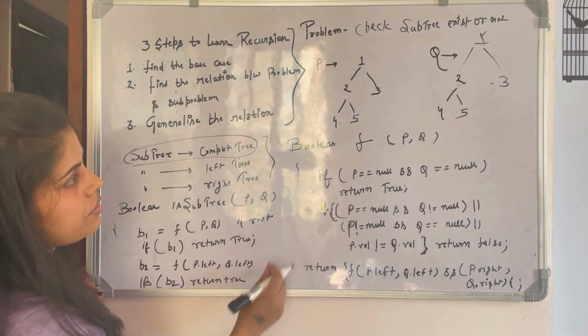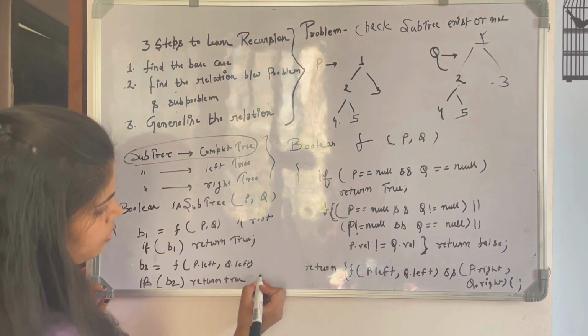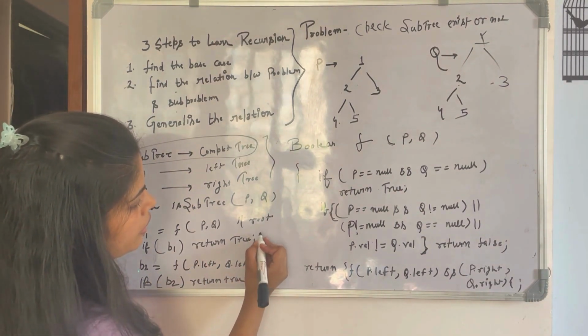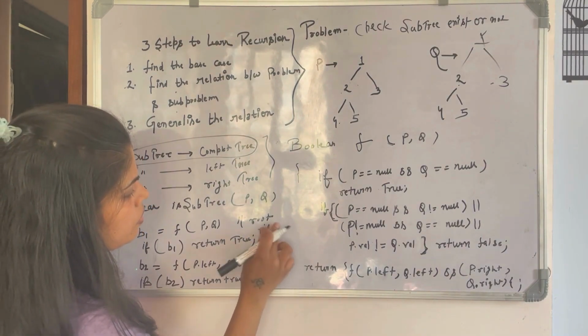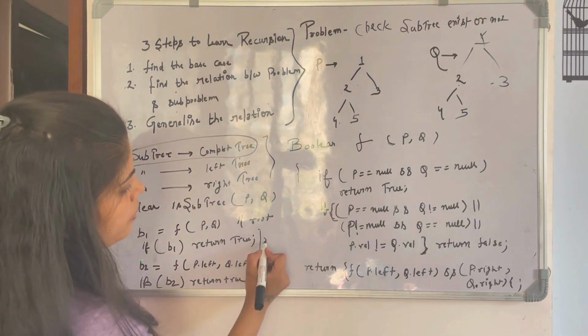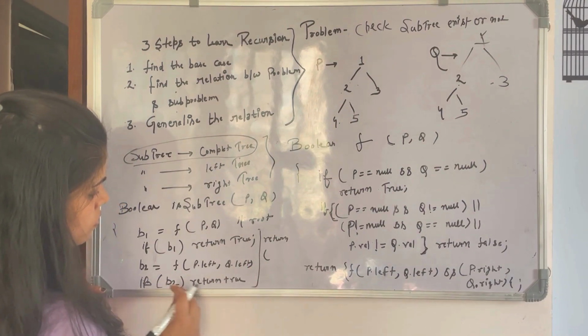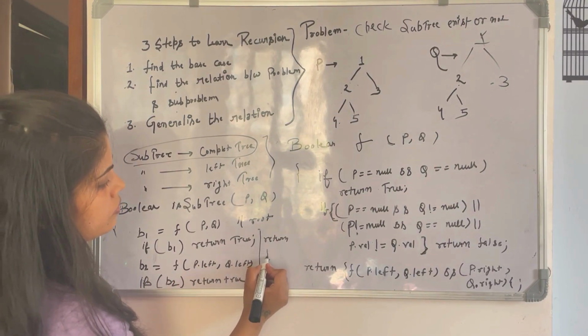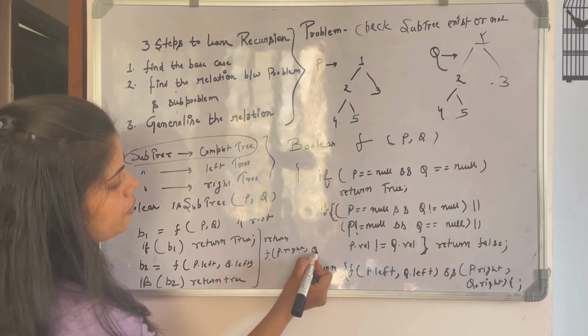If this condition is not there, then what other condition can there be? Let me write here, that can be for the right-hand side. So finally we return the function with p dot right comma q dot right.